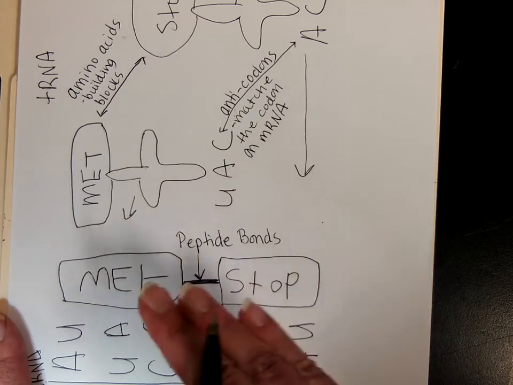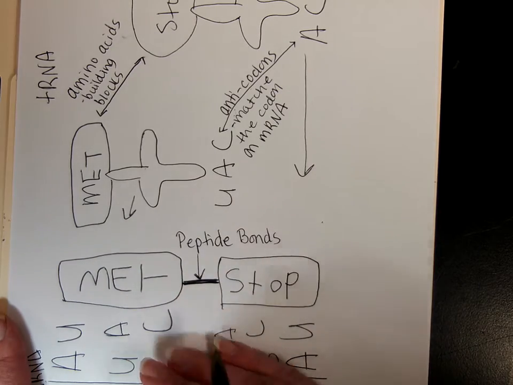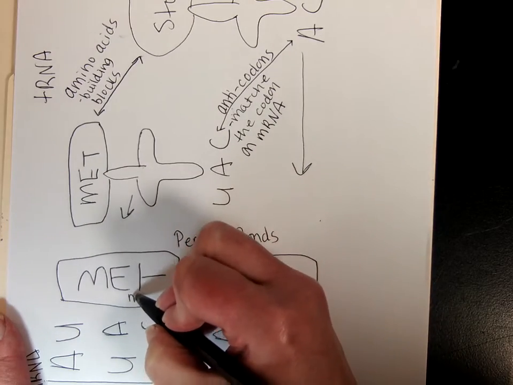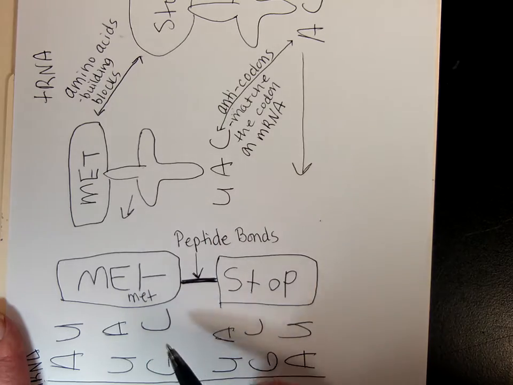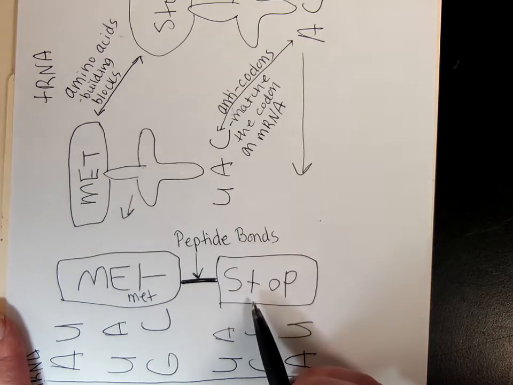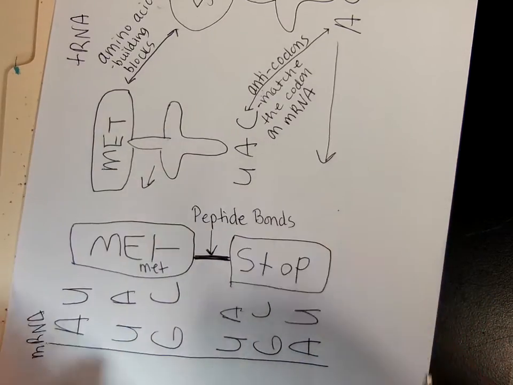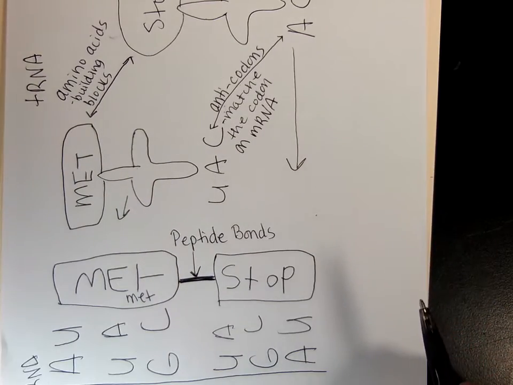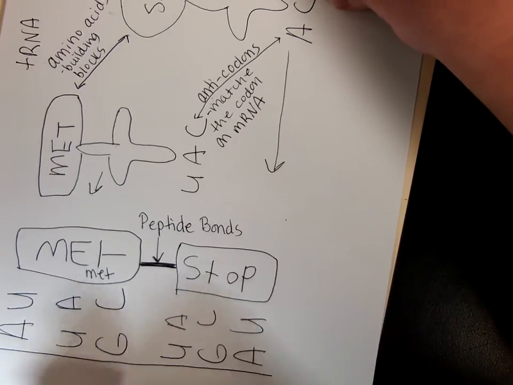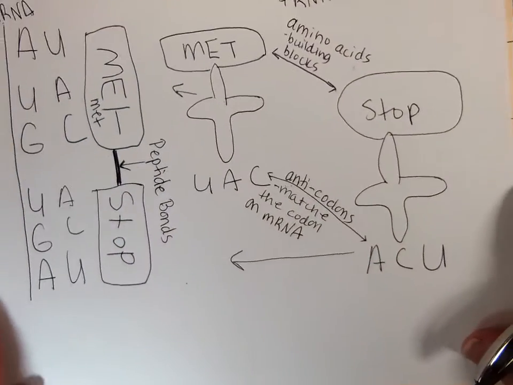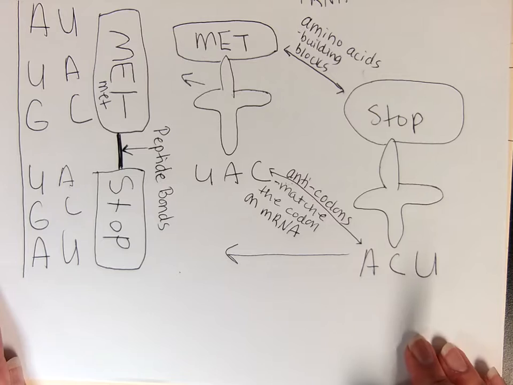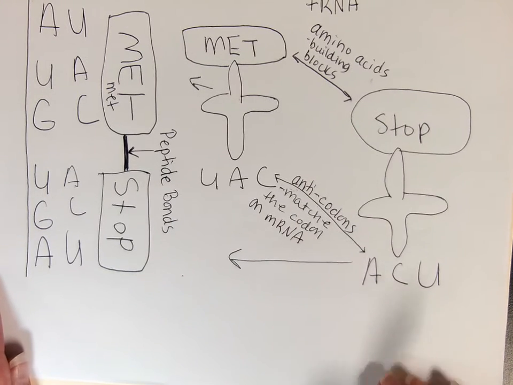And then once you start with your start codon, which is methionine, and you get to your stop, you're done. Translation is over. It started here, it ended there, and you've got your protein done. Now, I mentioned that proteins could be very diverse, and they can also be very large.